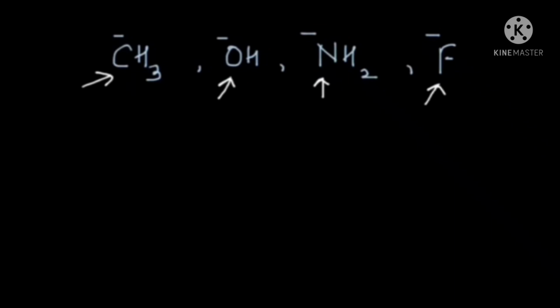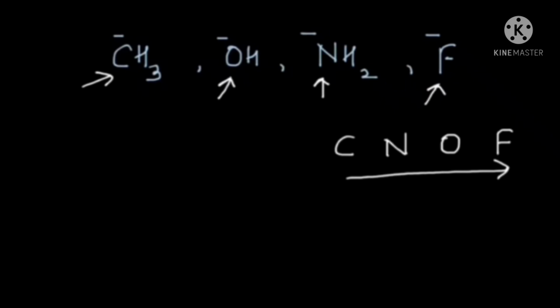Now from the rule we know that in a period, from left to right, so if I go from left to right in the second period, we will have carbon, then nitrogen, then oxygen, then fluorine. The negative charge becomes more stable, which means F minus is more stable than an oxygen atom with a negative charge, and it is more stable than a nitrogen atom with a negative charge, and so on.